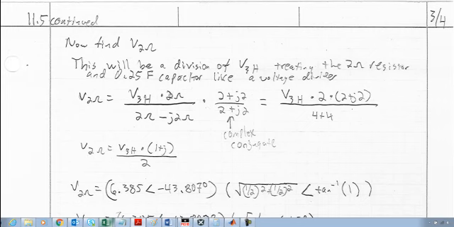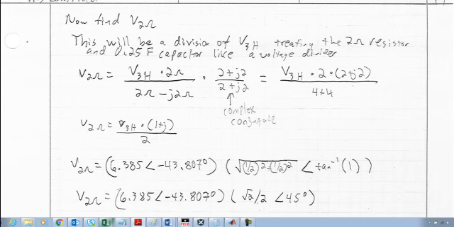And then over here, when you multiply this on through, you're going to get the voltage across the 3 Henry inductor times 2 plus J2, that quantity. And so if you work this on out, what you figure out is you've got this multiplied by 1/2 plus J over 2. And so here we're going to go ahead and convert this back to phasor.